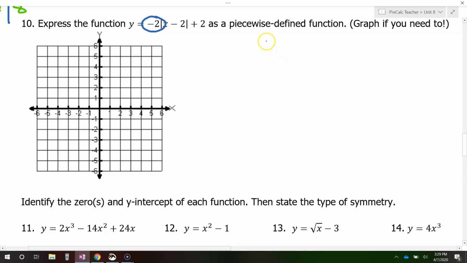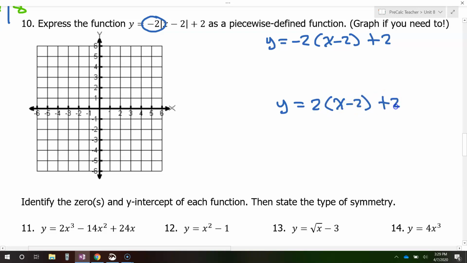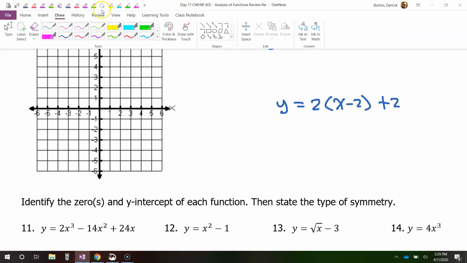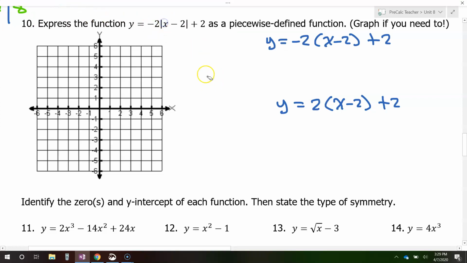So first I will have y equals -2 times (x minus 2) plus 2. And then later I will do y equals +2 times (x minus 2) plus 2. This is going to give me the two pieces of my piecewise function.